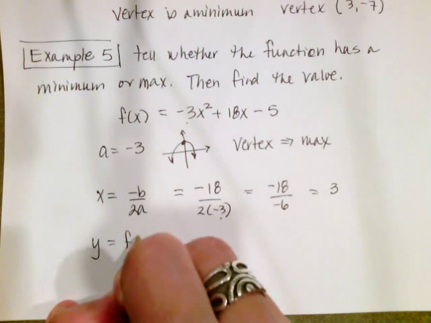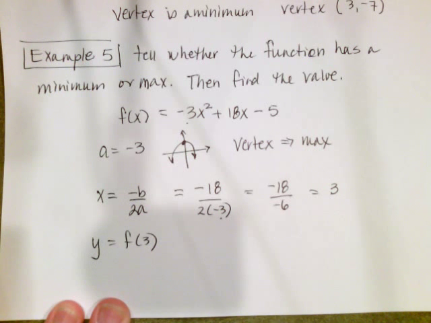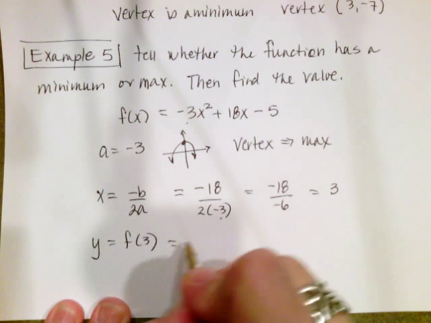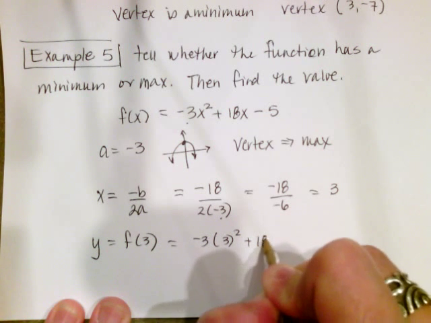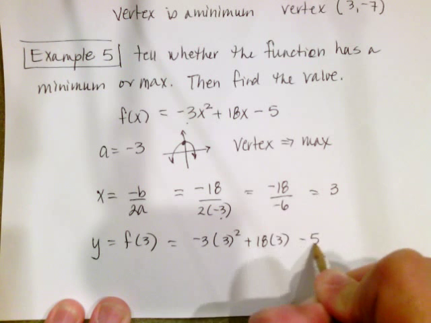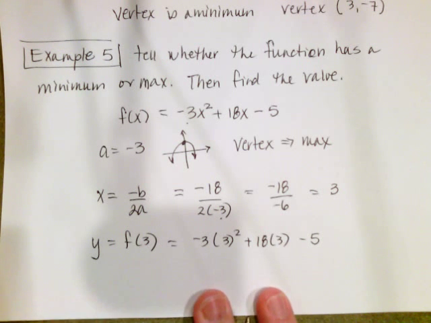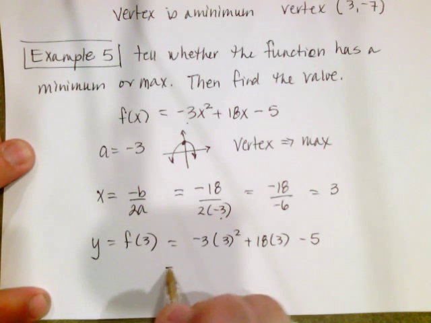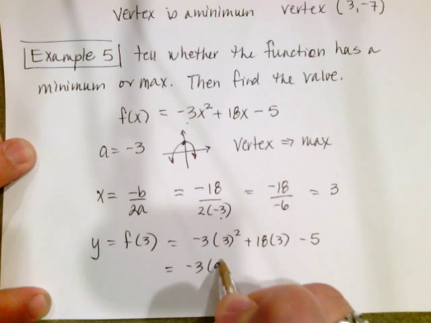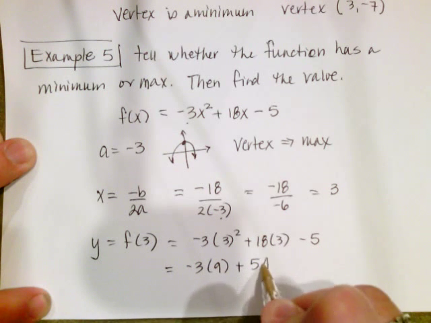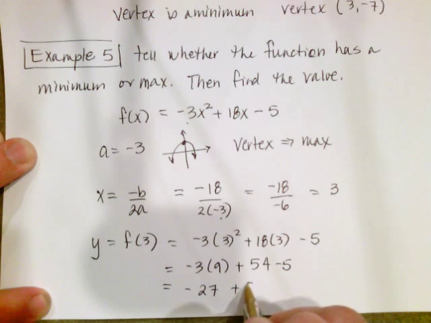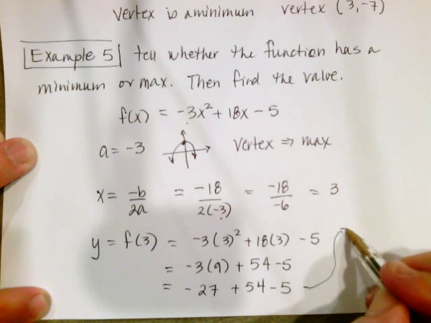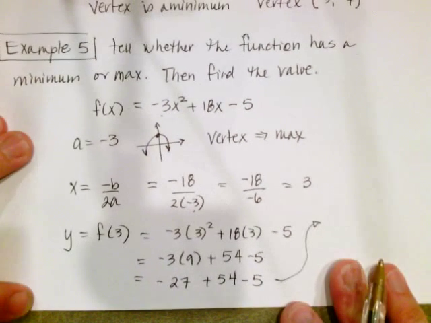Okay? Now I'm going to substitute this into the equation to find the y value. So y is going to equal substituting the 3 into the equation. So it's going to be a negative 3 times 3 squared plus 18 times 3 minus 5. Very similar numbers to our last problem. So this is a negative 3 times 9 plus 54 minus 5. So a negative 27 plus 54 minus 5. And I'm going to continue right here since we're almost done on this page.